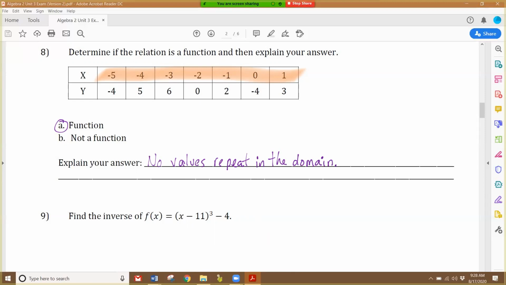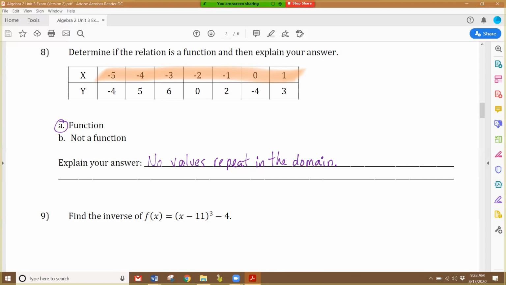Keep in mind on your test, if you get to this question and there's more than one x value, say there are 2 -2's on your list, you've got to look to see if they have different y values. If they have different y values, it's not a function.